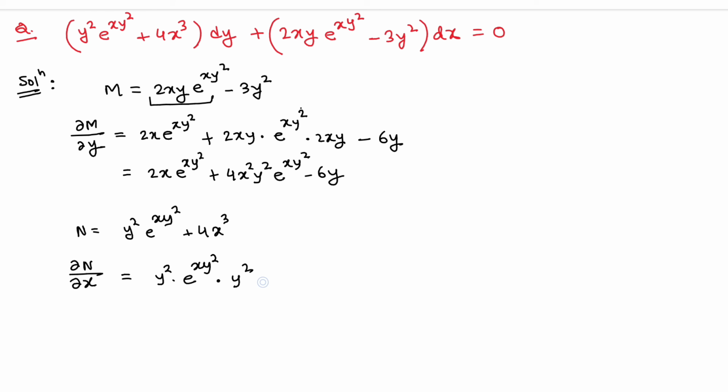Plus the derivative of 4x cube, which is 12x square. So you are getting y to the power 4 e to the power xy square plus 12x square.